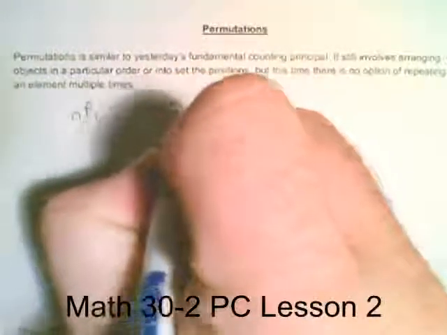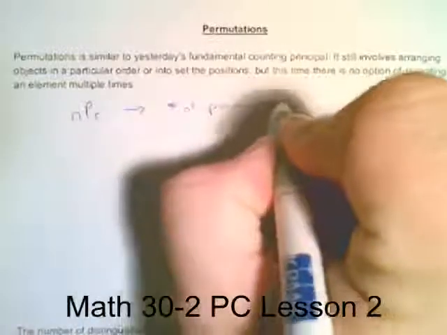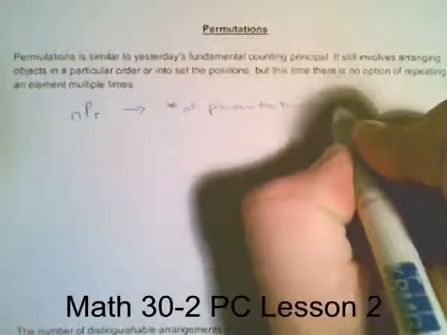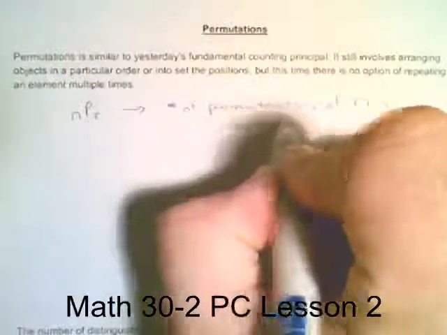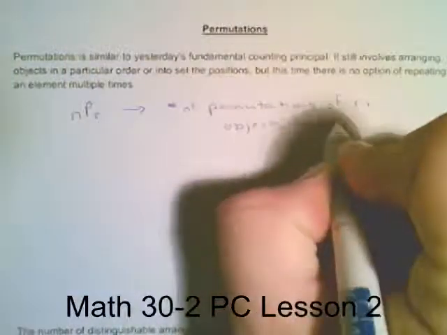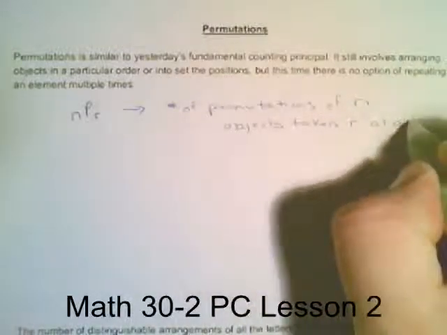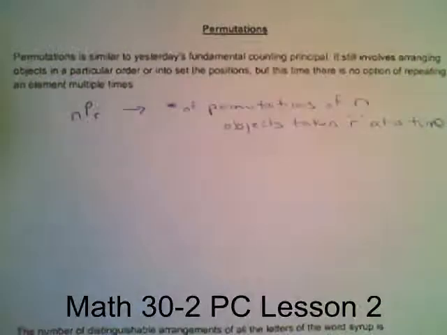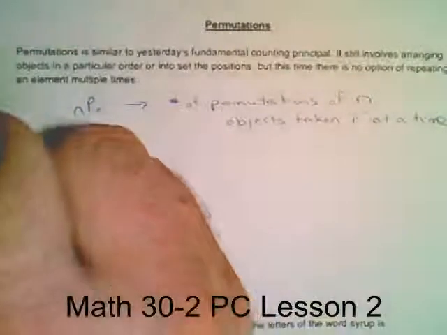This is the number of permutations of n objects taken r at a time. So you have n objects to choose from, and you're taking and arranging r of them.